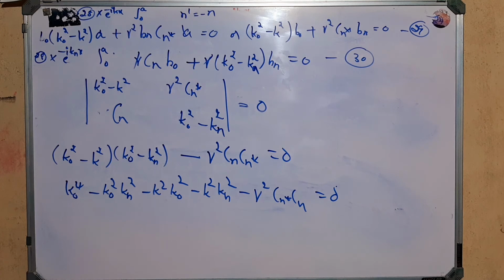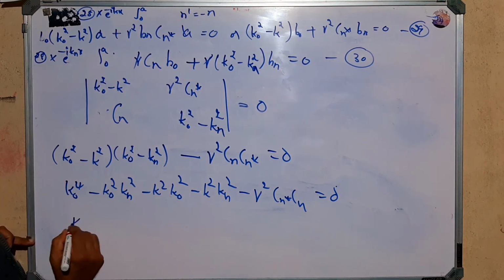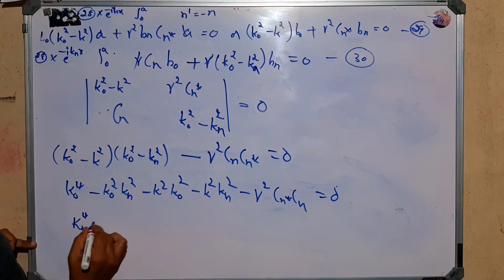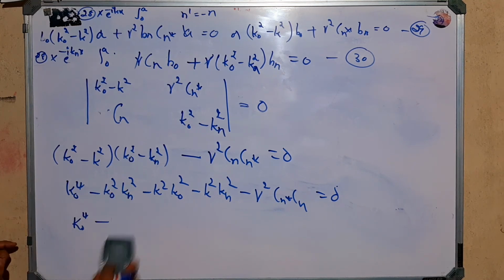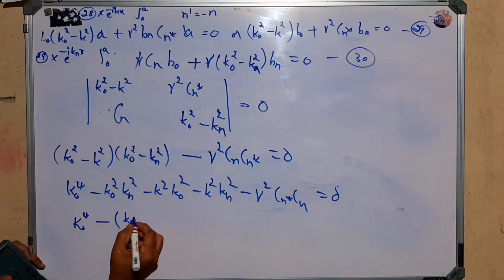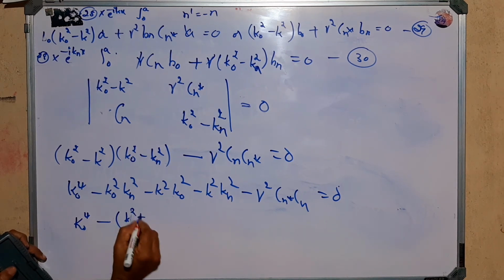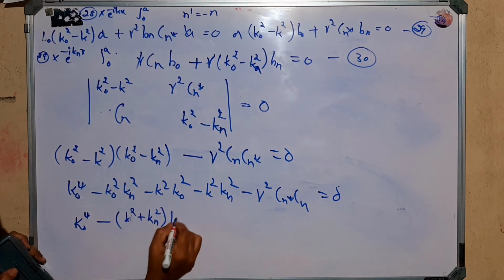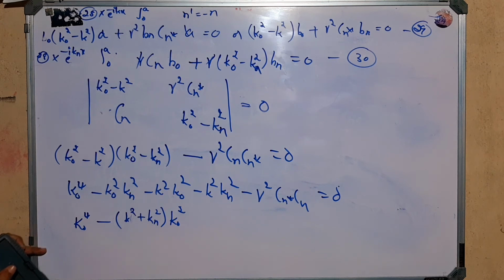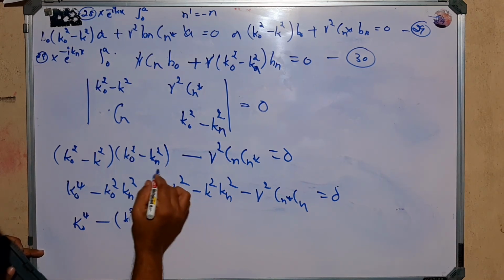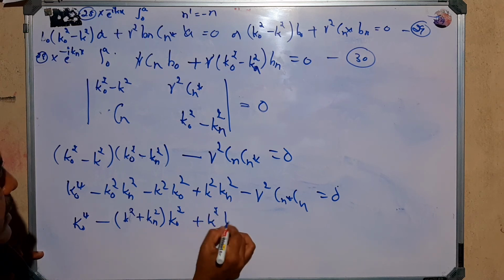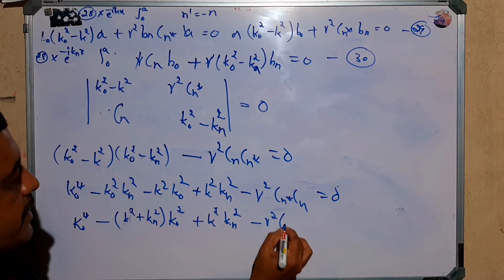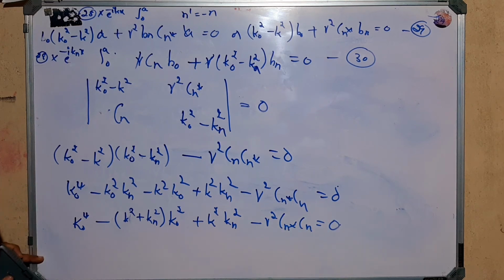So you can write this as k naught to the power 4 minus k naught square common, k square plus kn square into k naught square, plus k square kn square minus gamma square cn star cn is equal to 0.